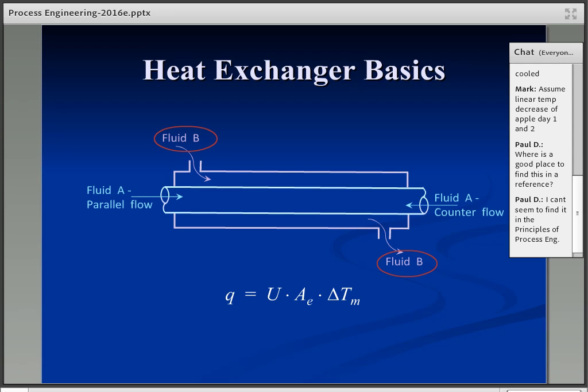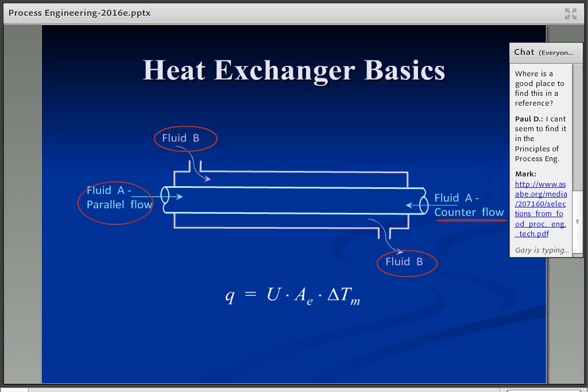In the case of parallel flow, the way we've drawn this, that fluid is going to enter on the left and flow parallel to fluid B. We could have counterflow if it were coming the other way. And for the problems you'd be doing, it's not probably going to really affect the problem whether it's parallel or counterflow. You get the same basic analysis in either case.